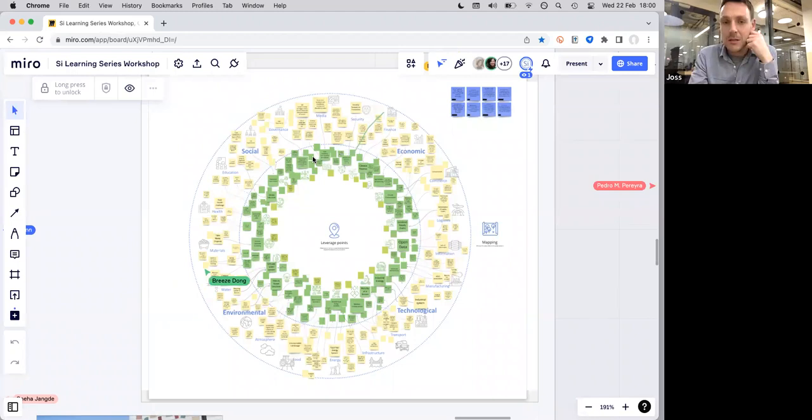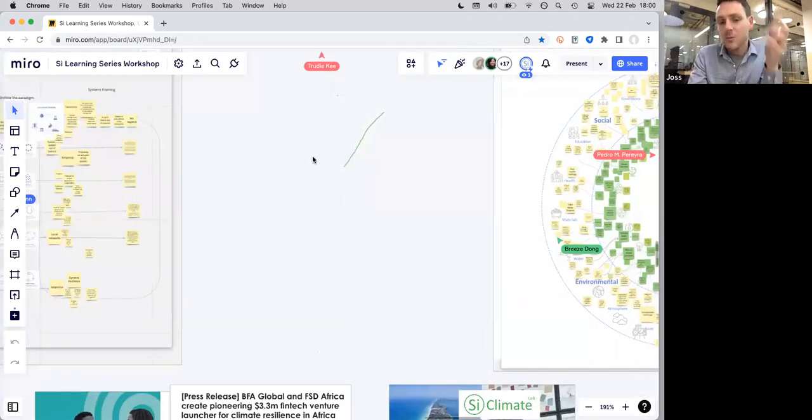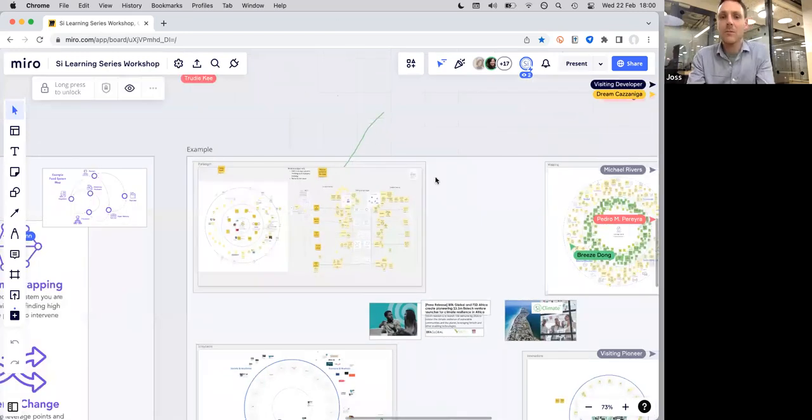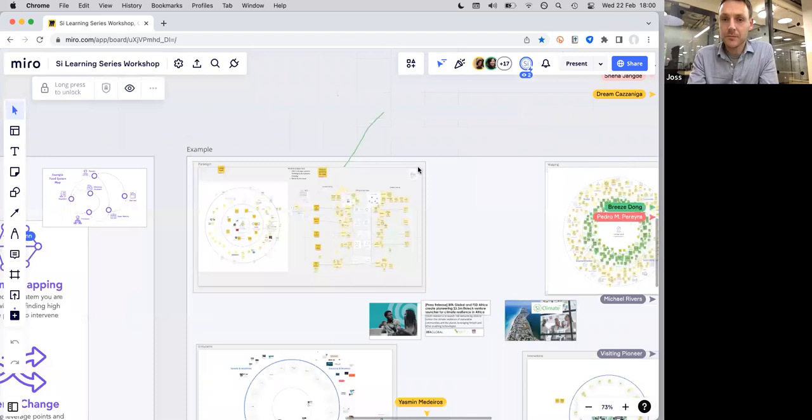I'll pull it up in a minute, but that's the most popular tool for systems mapping, Kumu, K-U-M-U. Yeah, Michael's put it down. Yeah, so those are the tools we use the most. Miro is more manual, and with Kumu you can pull in a spreadsheet or a database, and it can automatically create the connections for you. Yeah.